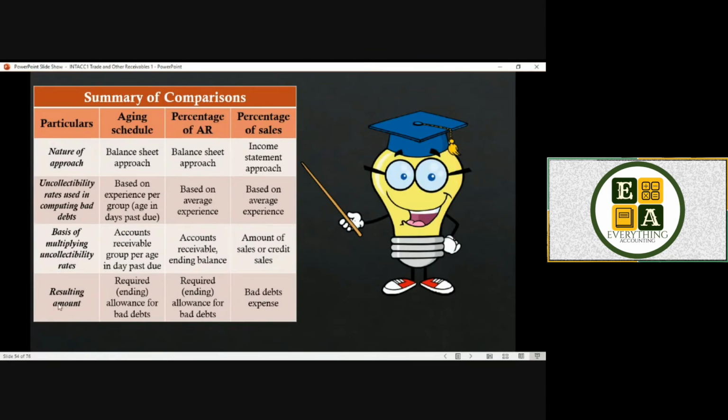Then the resulting amount, yung aging schedule and percentage of AR, both are required ending balance for allowance for bad debts. But for percentage of sales, bad debts expense yung resulting amount. Okay? Always take note of that comparison.